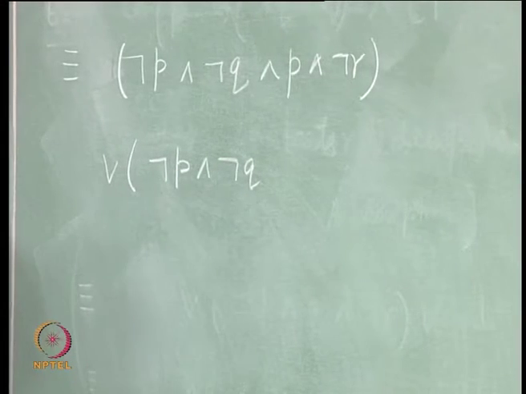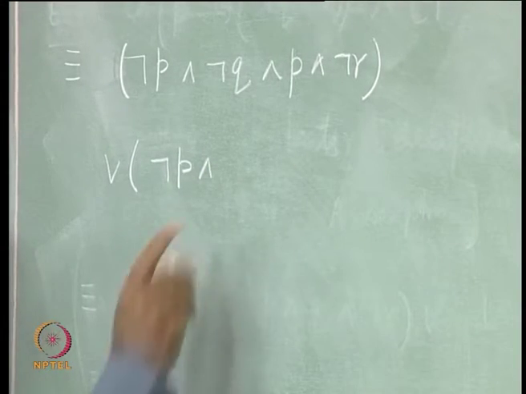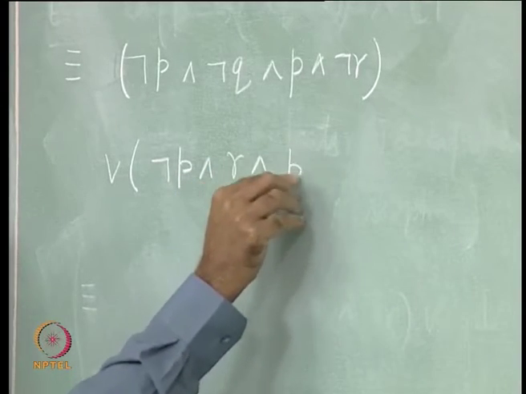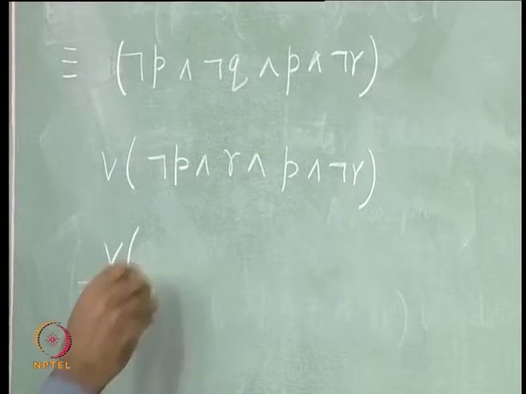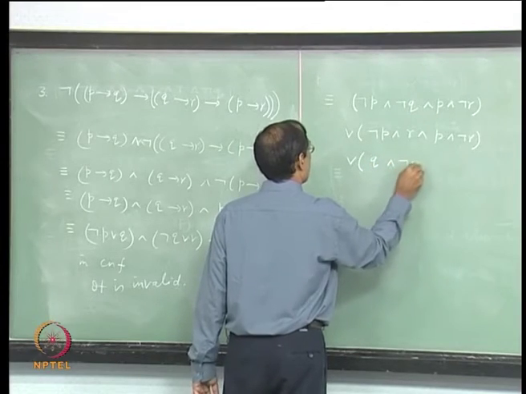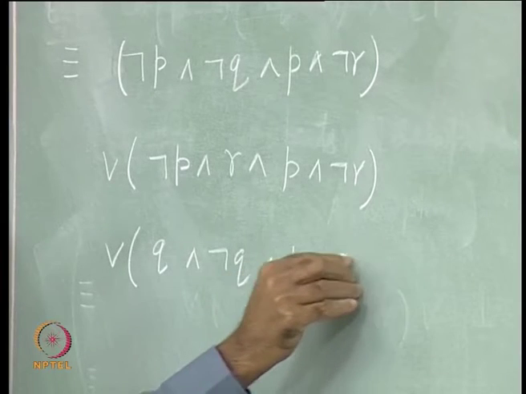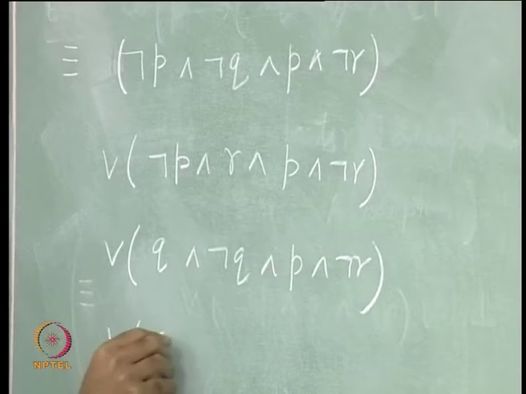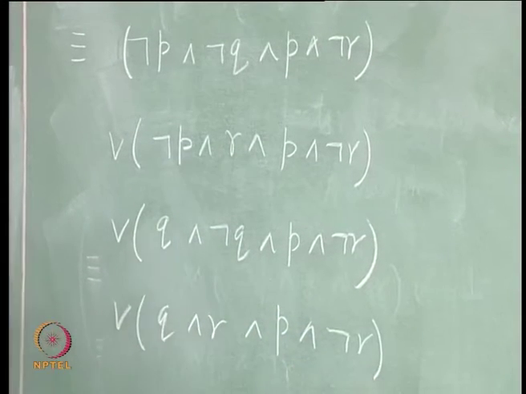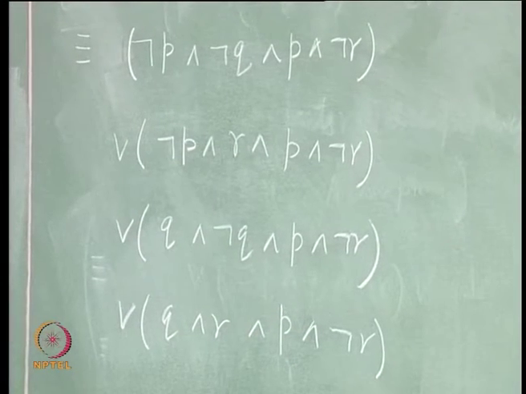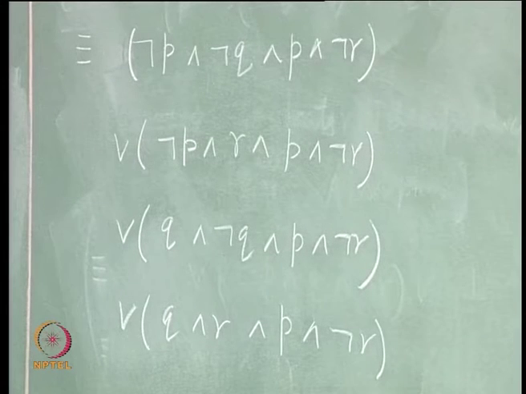So I take R now and P and not R, or I take the next factor Q and not Q and P and not R, or Q and R and P and not R. Okay. So this is in DNF.